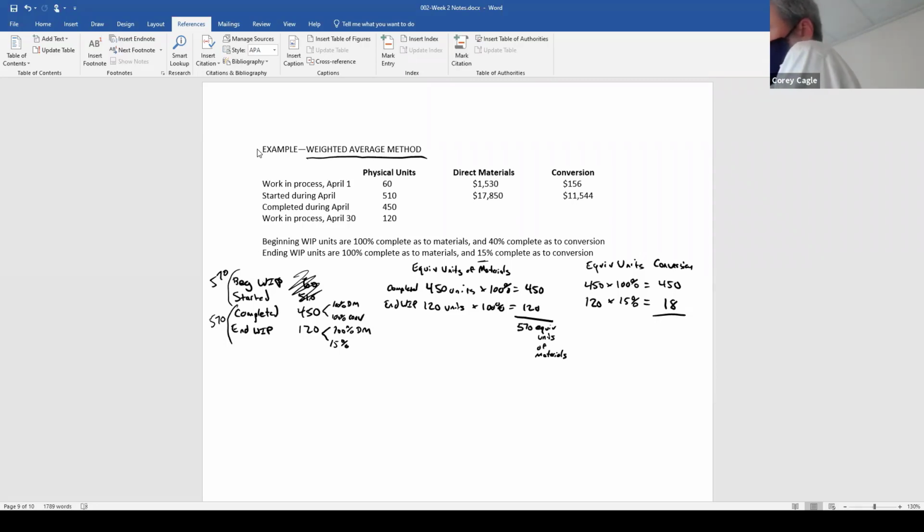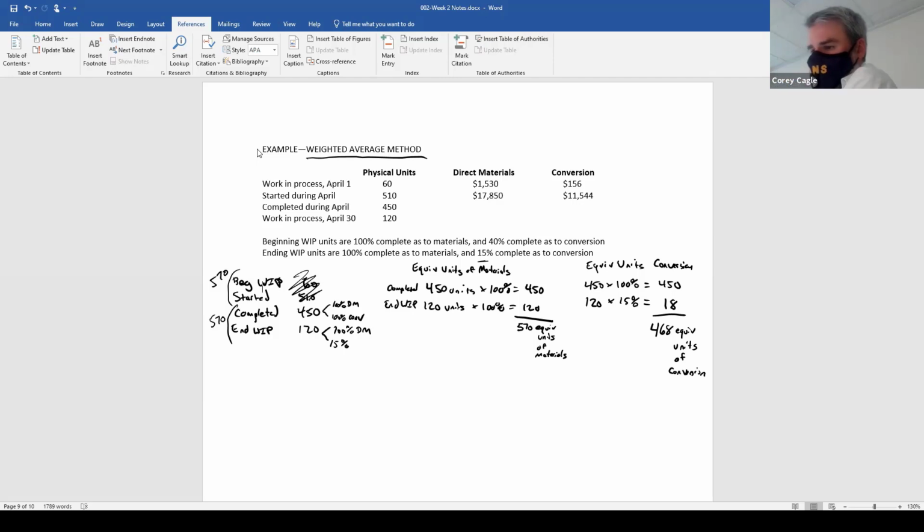So the money we've spent on labor and overhead is enough to have fully completed 468 equivalent units. So yes, our conversion money has gone toward doing work on 570 total physical units, but equivalently only finishing 468 of them. That is step 2 every time.